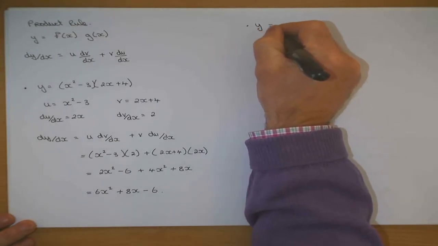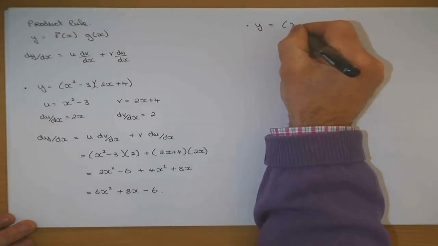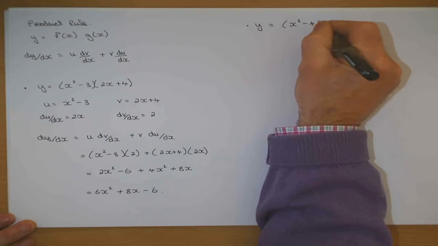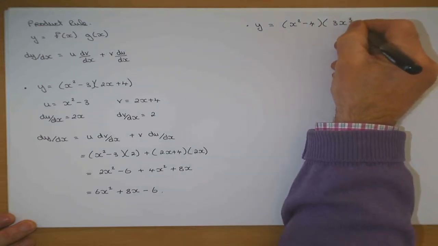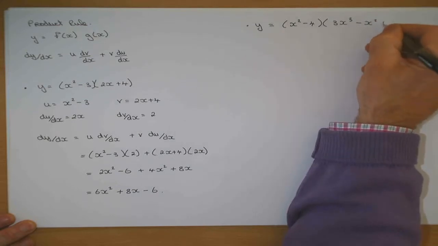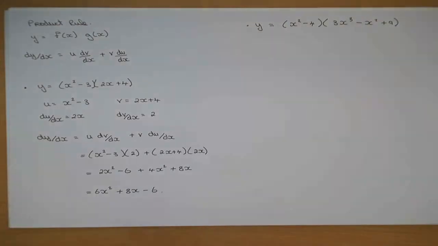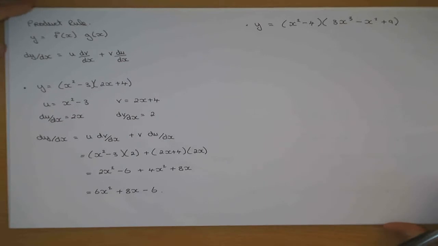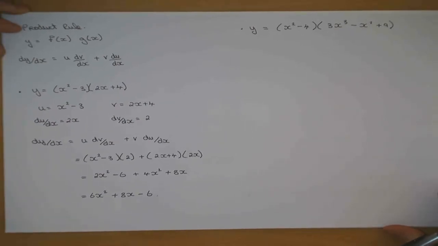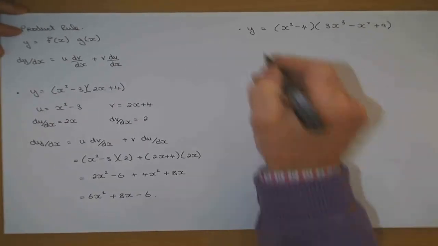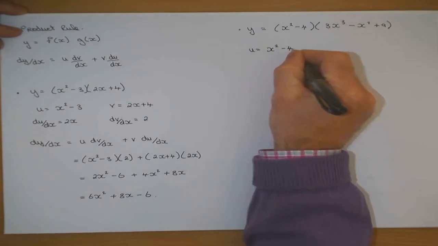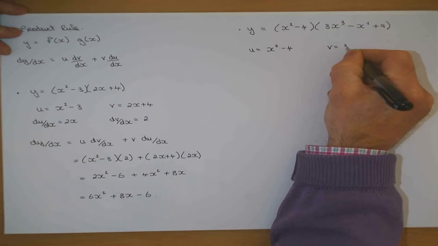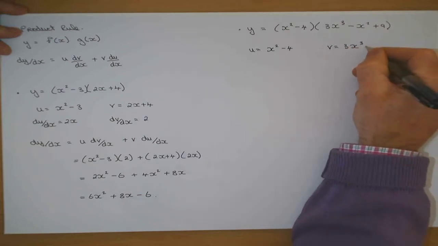If y was equal to x squared minus 4 times 3x cubed minus x squared plus 9. Again, that's a function in x multiplied by a function in x. But again, it'll be a bigger job to multiply this out. So you let u equal the first function, and you let v equal the second function.